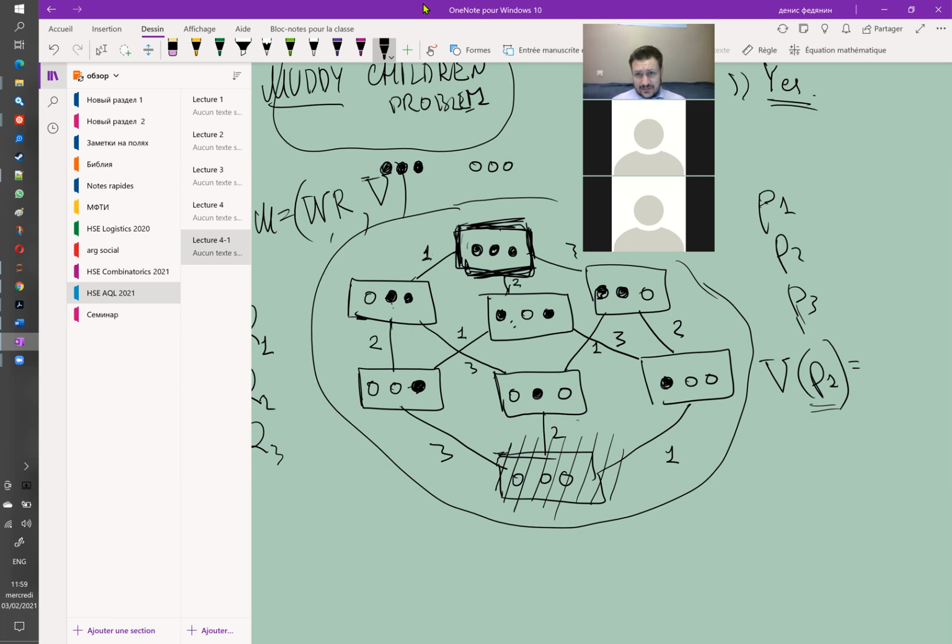And when he asks whether they know their own faces, if they're muddy or not, what does it look like? If this world is real, then for the third agent, the third child, there are no alternatives. He had two, but one alternative had been eliminated.